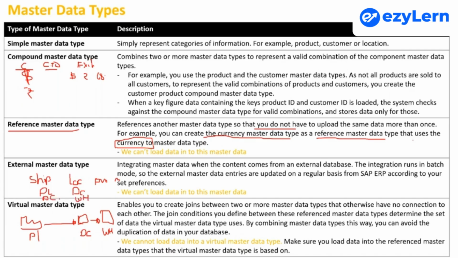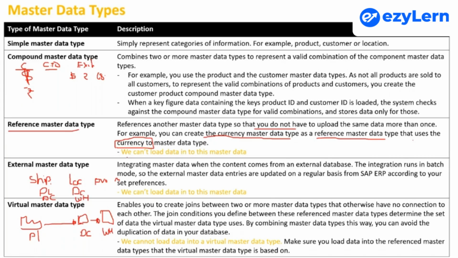So what are we doing here? We are loading the location entries into another master data type called ship from location, which is a reference master data, which reads the values of its referenced master data. So in that case, you don't have to load the data twice.